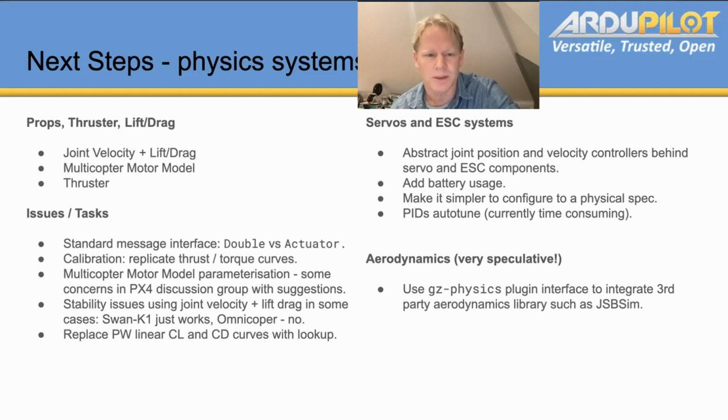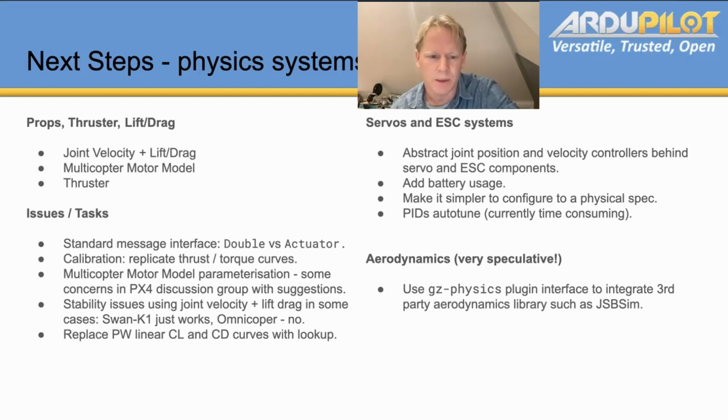The Omnicopter, I cannot get to work by driving rotor lift and drag, spinning a prop and then calculating the aerodynamic forces on it directly. So there's something funny going on there. Generally improving that would improve the behavior and accuracy of the aircraft.